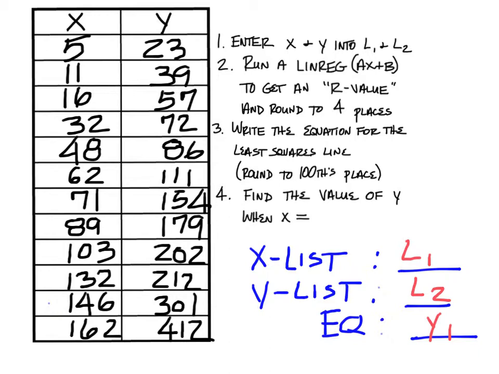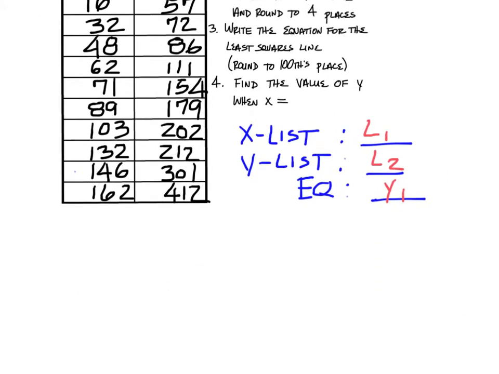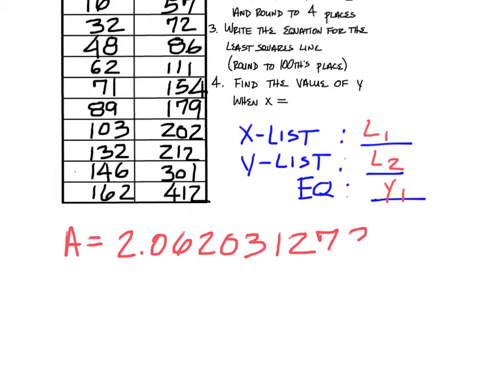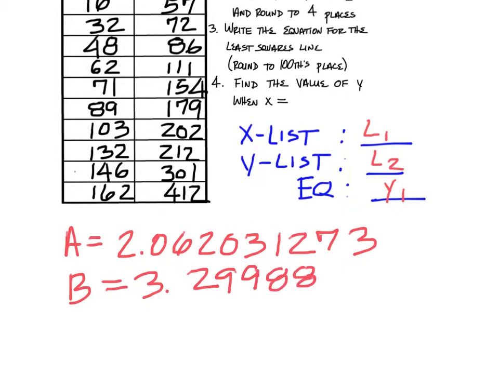So when we do our linear regression, you should come back with these numbers here. And that's going to be an A value of 2.062031273. And the B value is 3.299881119.